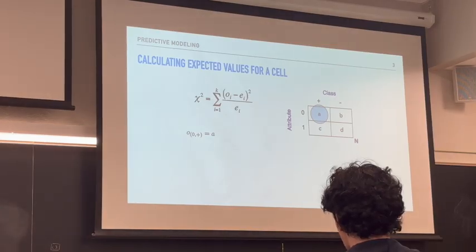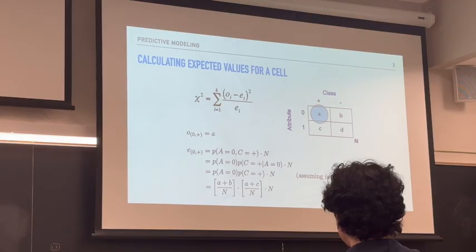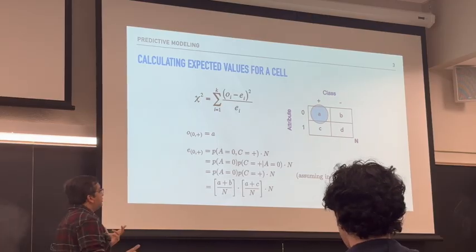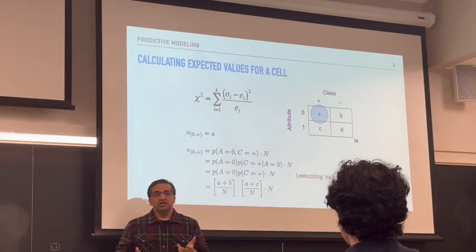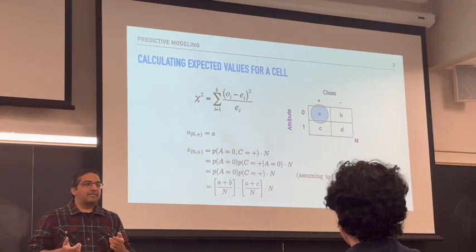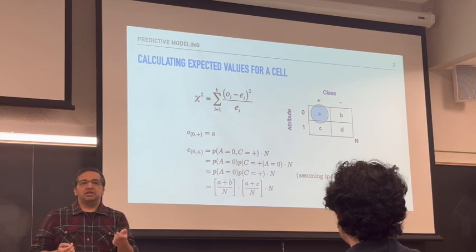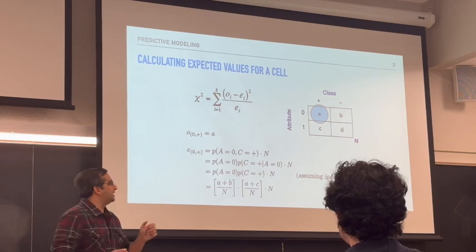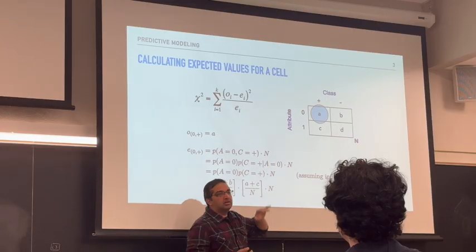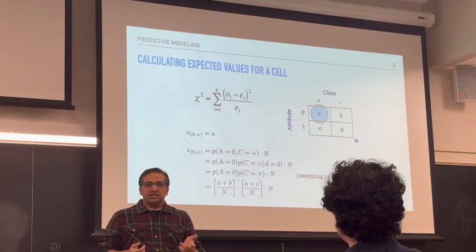Now let's look at the expected value under the null hypothesis. So for expected value, what do we do? If I give you a coin and I say the probability of head is P, and you toss the coin capital N times, what is the expected number of heads?